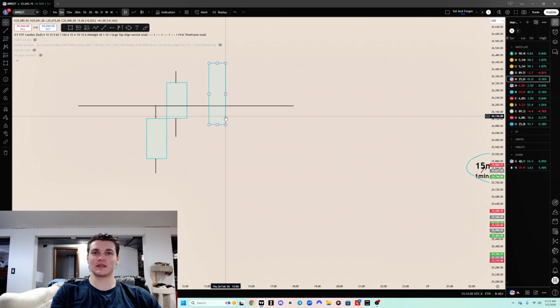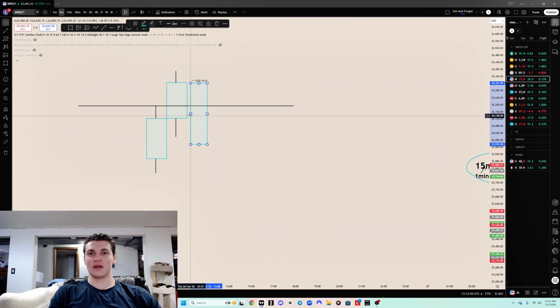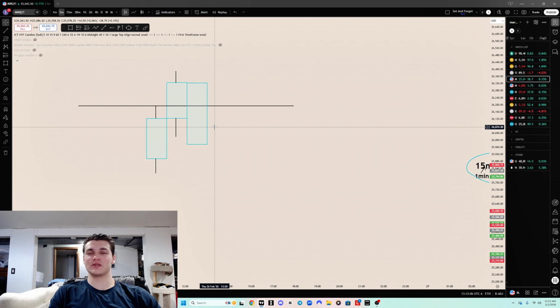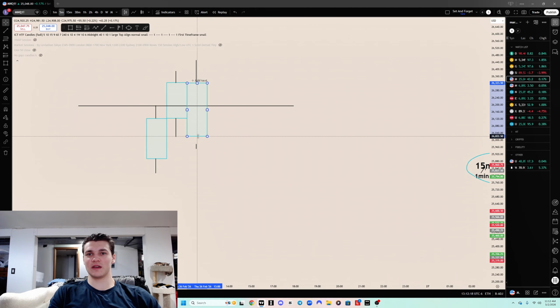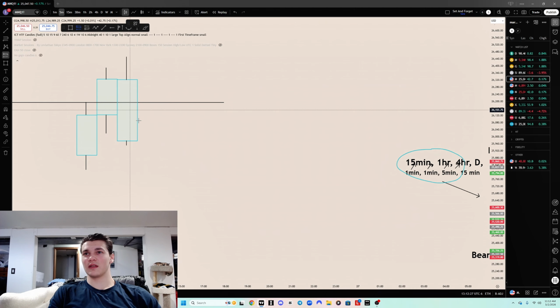So you're wanting to see a break out of this range. If this candle even closed like this, still not good. You have to wait till it actually closes outside of this candle's range.